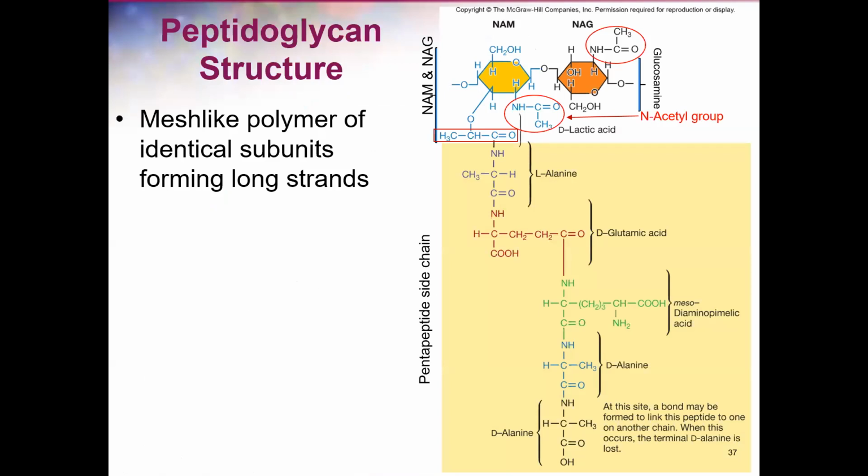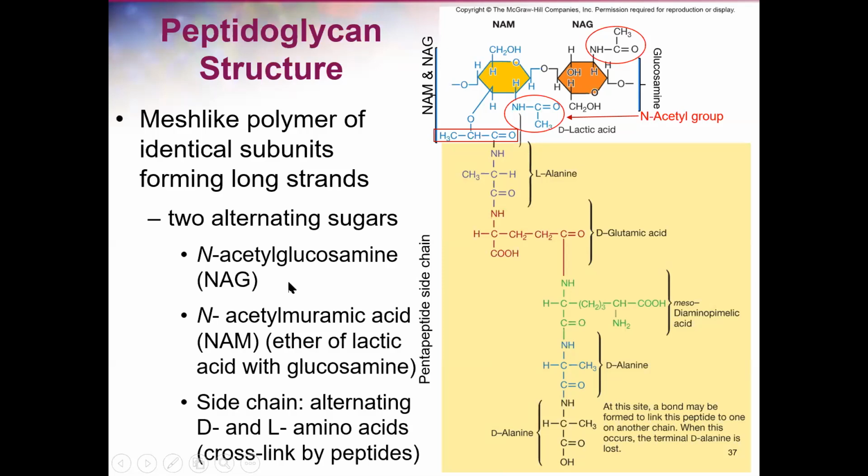In this structure, you can see the peptidoglycan contains 3 typical parts. The first part is the so-called N-acetylglucosamine, or NAG. You can see here we divide these 3 parts, and we can talk about them one by one.